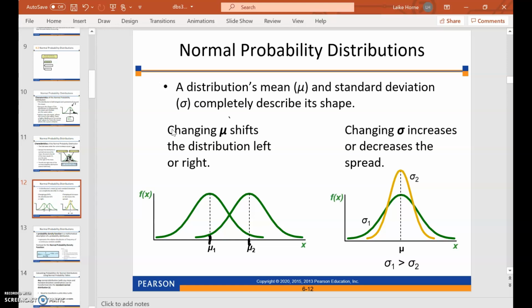So if you increase the mean, the line's going to move to the right. If the mean is decreased, the distribution is going to move to the left. As far as standard deviations, the smaller the standard deviation, the skinnier the curve will be, and the larger the standard deviation, the wider the curve will be.